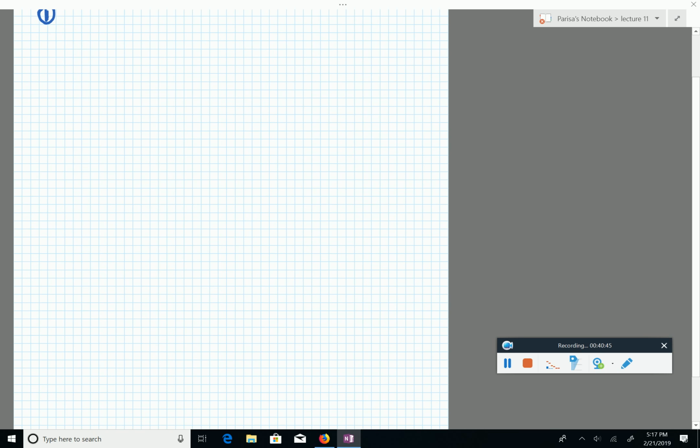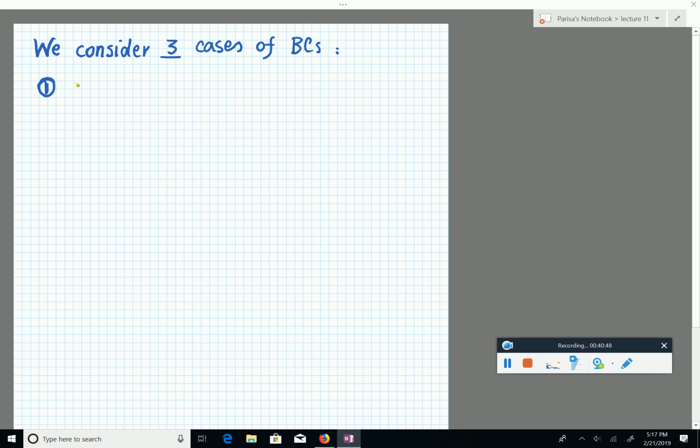So we have three important cases of boundary conditions, or the ones that we consider here. We consider three cases of boundary conditions. Case one is pure traction.